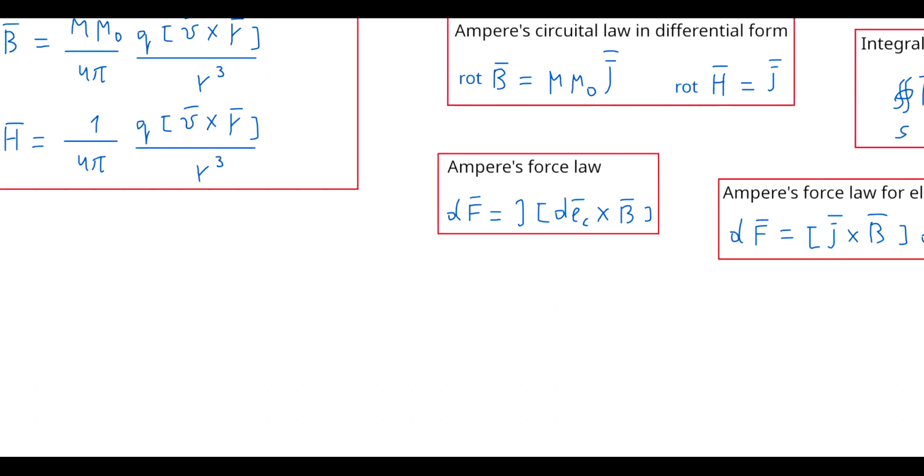Okay, and what about a point charge? For a point charge, it will be the Lorentz force.